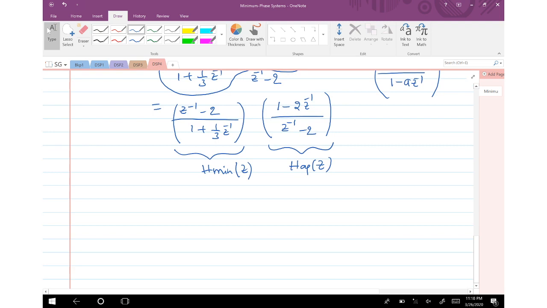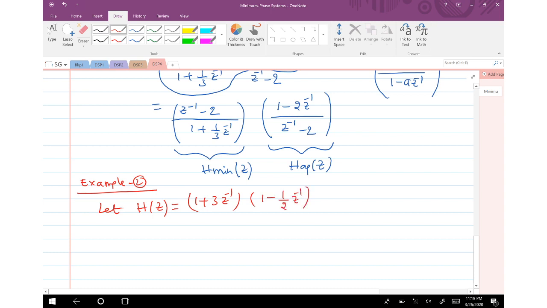Second example. Now let your h of z be equal to 1 plus 3 times z inverse, multiplied with 1 minus 1 by 2 z inverse, over z inverse into 1 plus 1 by 3 z inverse.